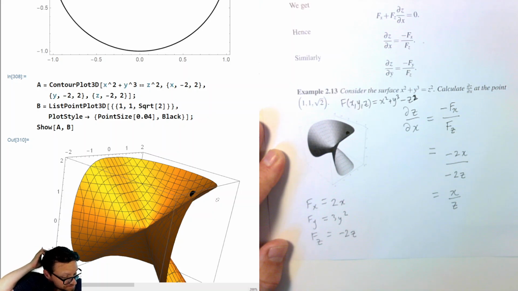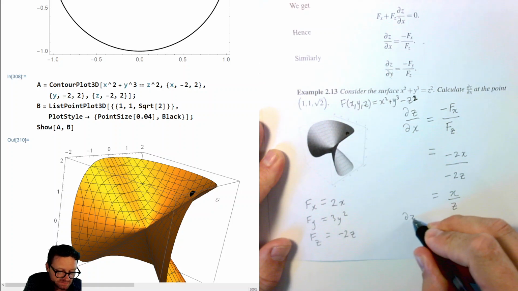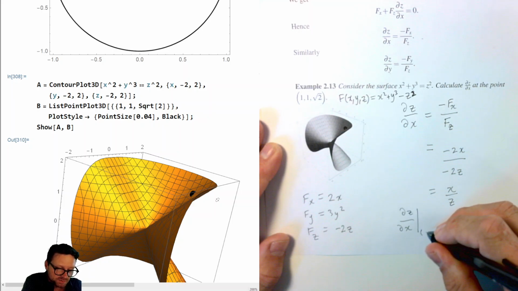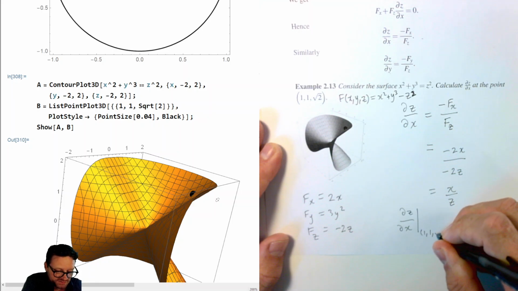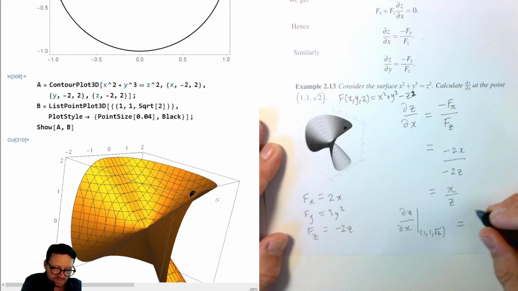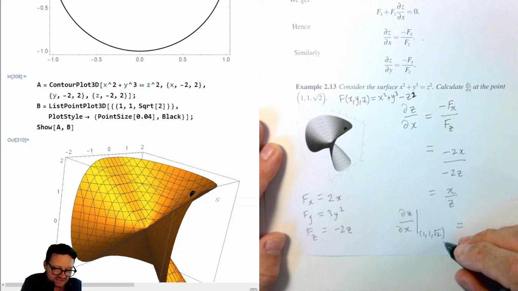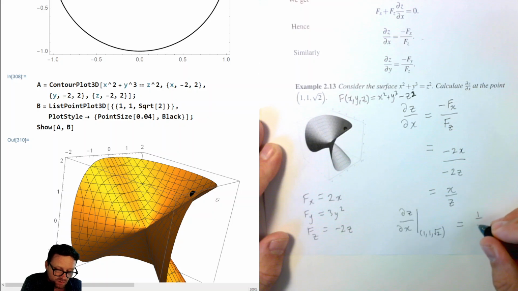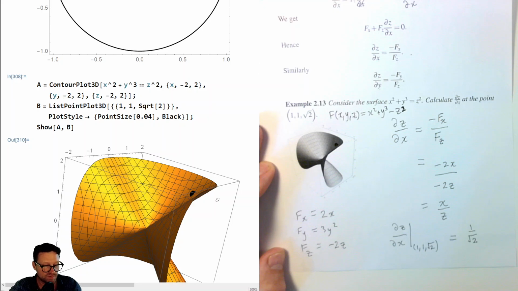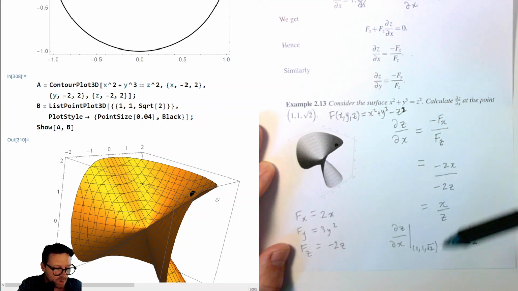Right, now at this point, so let's use this notation, meaning that we're subbing in the values of this point. Okay, so we sub in x is 1 and z is root 2, so we have 1 on root 2. Okay, and that's our slope, where we're treating y as a constant.